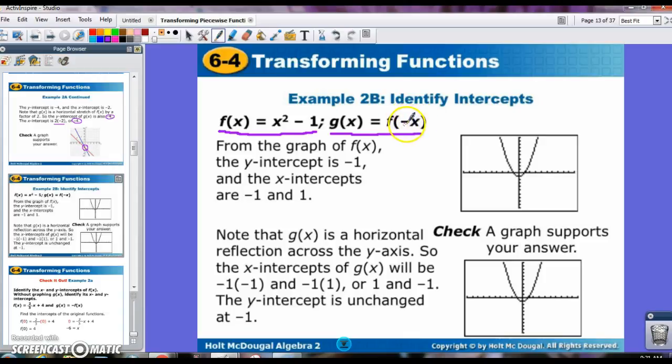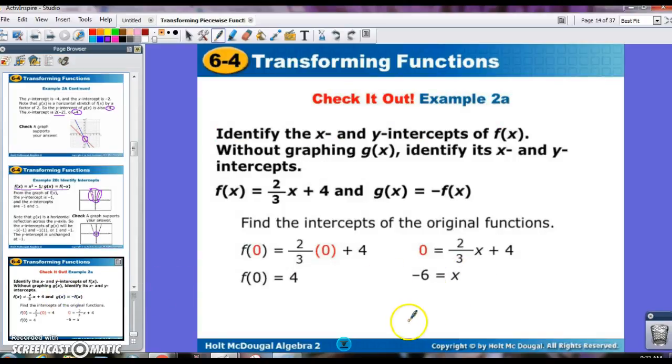When you negate the x, you're reflecting over the y-axis. All the values over here get shifted over to here, and all the values here get shifted over to here, because it's reflecting them across the y-axis. So your new picture looks exactly the same as the original, because you're just flipping it across the y-axis. Notice my y-intercept didn't change. It stayed right where it was.